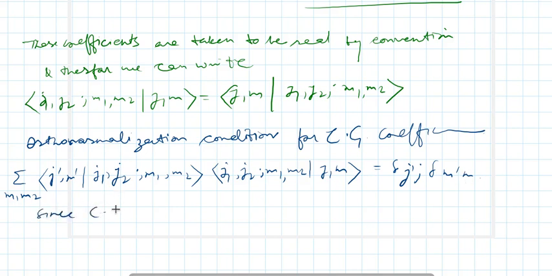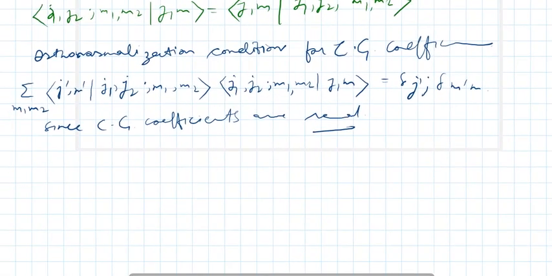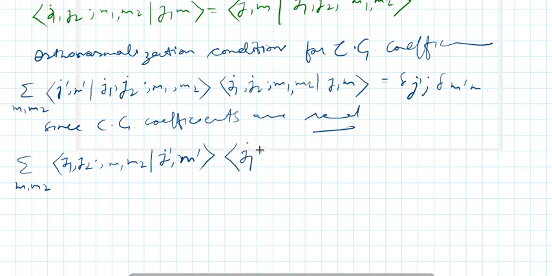Since CG coefficients are real, we can write it like this: summation over m1, m2 of <j1, j2, m1, m2|j', m'> and here it will remain as it is <j1, j2, m1, m2|j, m>, which is equal to delta j' j and delta m' m.